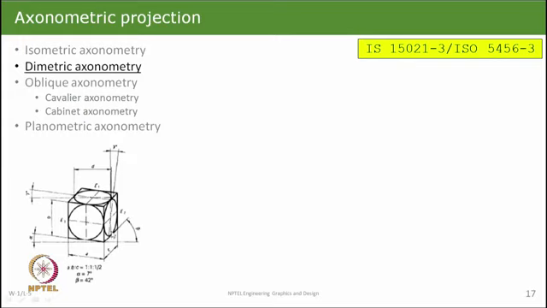So, this dimension of the cube is half the dimension that you see over here, and that is how you would fit circles and other shapes into this. This is dimetric.